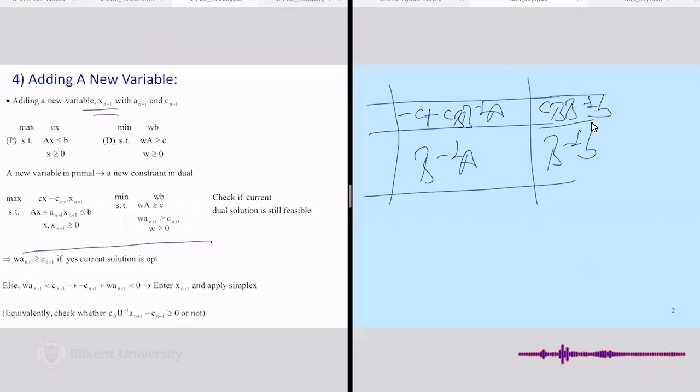If I'm adding a new variable to my primal, that means I have to write a constraint to the dual. So, from this perspective, will I lose primal feasibility?